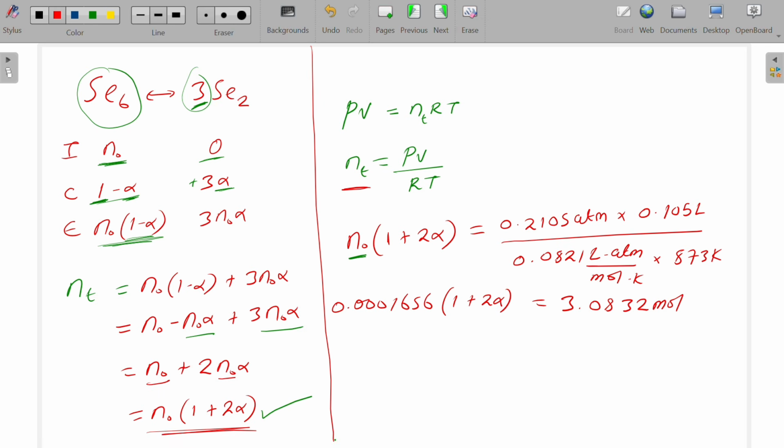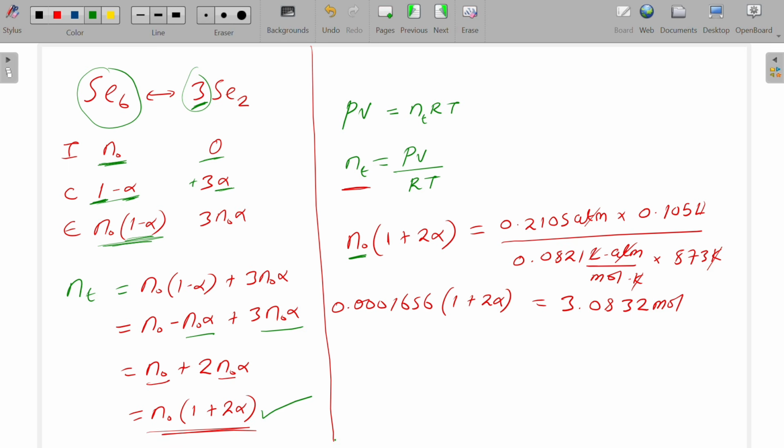As we cancel here, you find that our atm and atm will go, our liter and liter will go, our Kelvin and Kelvin will go. And the unit that remains is only moles. After doing this, we're going to make 1 plus 2 alpha the subject.